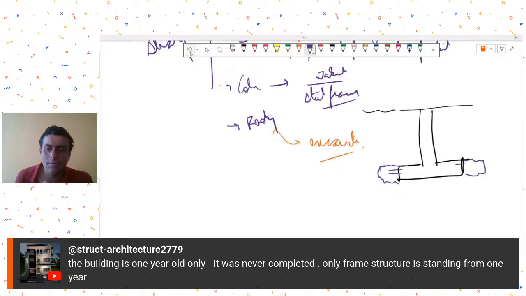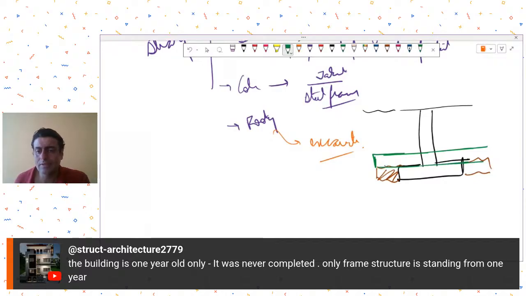So the other option generally that is suggested in case of footings is, let's say you just fill this area up with PCC, some sort of plum concrete, and the new required area, whatever you require, you just provide it on the top like this. So this becomes your new footing size.